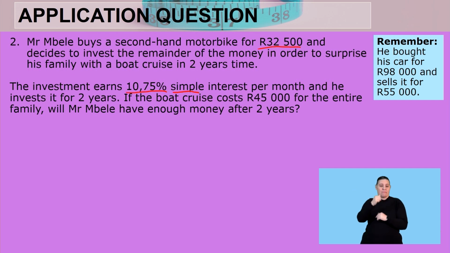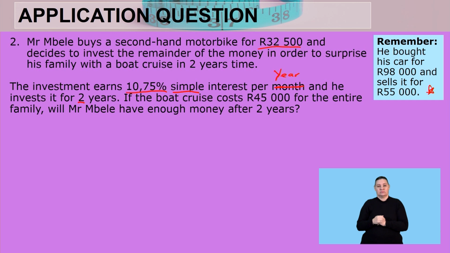Oh, that's not supposed to be per month, that's supposed to be per year. Let's just change that one quickly. Okay, per year. And he invests it for 2 years. If the boat cruise costs 45,000 Rand for the entire family, will he have enough money after 2 years?